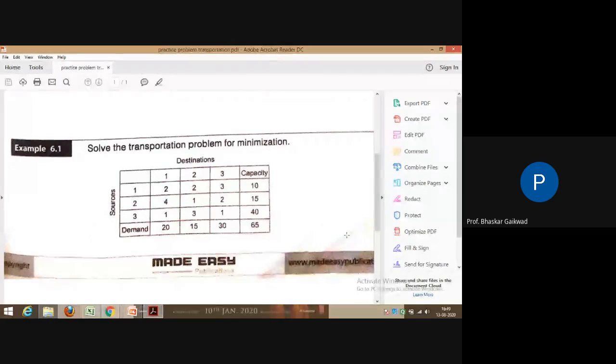Now you can solve this problem by using the least cost method. Solve these problems and give answers to me. You are solving now?